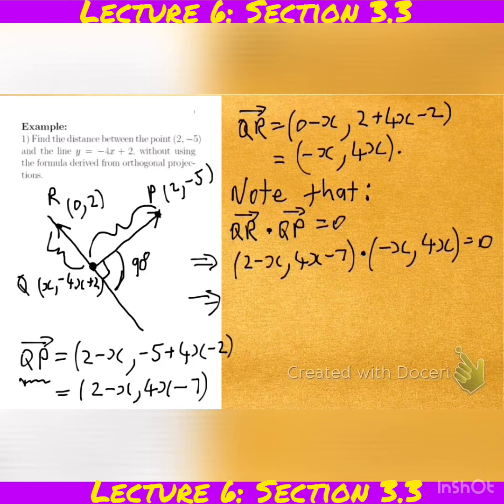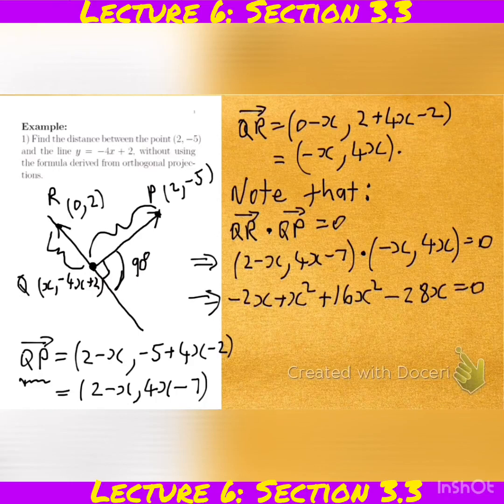So that's minus 2x plus x squared, and the other term is plus 16x squared. This is just the dot product I'm calculating. Minus 7 times 4x is minus 28x.